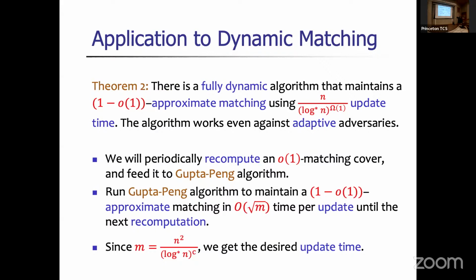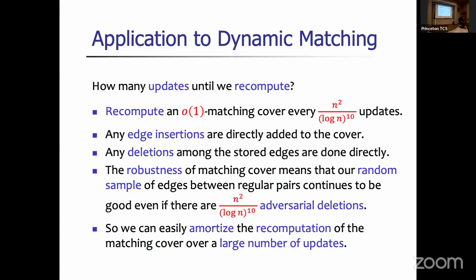So we are going to feed a small matching cover to the Gupta-Peng algorithm, and since it uses an update time of root m, we are going to get n over polylog star n update time. The question is, how often do we need to recompute this matching cover?